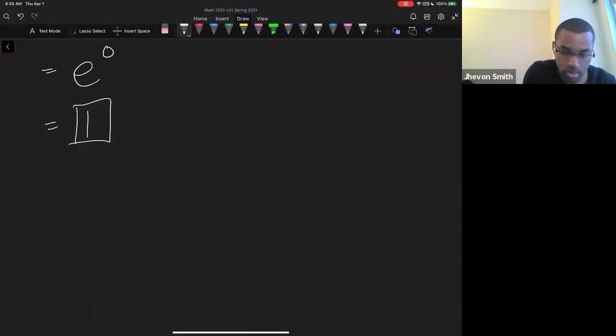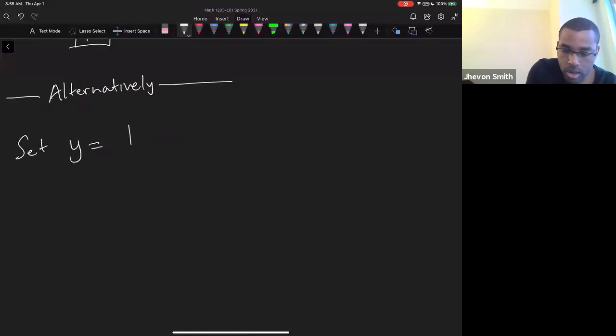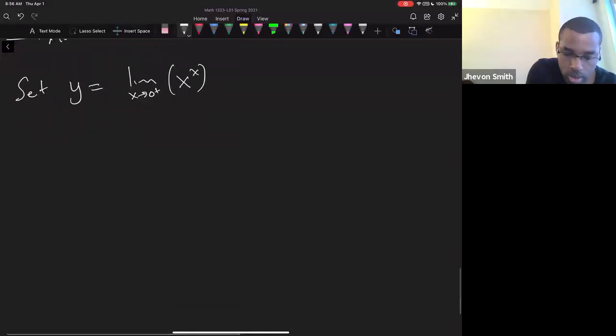Now, alternatively, just to go back to Sarah's method, we could have set y equals the limit as x approaches 0 of x to the x. Then what we could do is we could ln both sides.